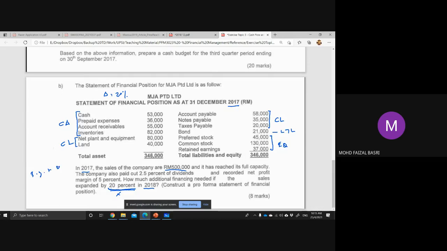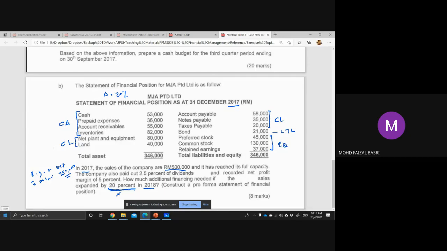In 2018, the sales is 750,000. Okay, dia nak naikkan to 750,000. So instead of bagi percentage, dia bagi in ringgit as well. So 2017 500, 2018 750. So how to find the percentage?